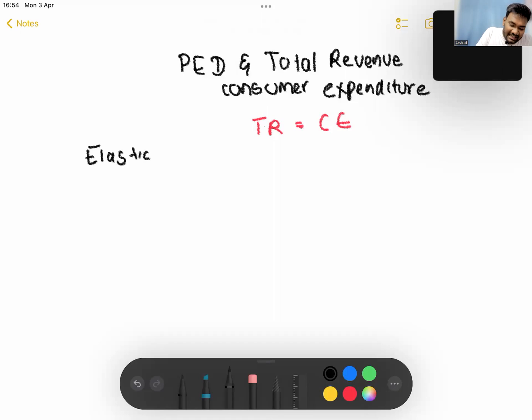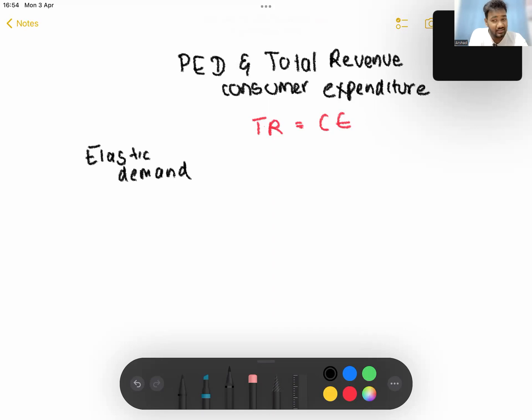Can you tell me what is elastic demand? When the price of the good changes, does the quantity demanded change by a greater proportion or a lesser proportion?